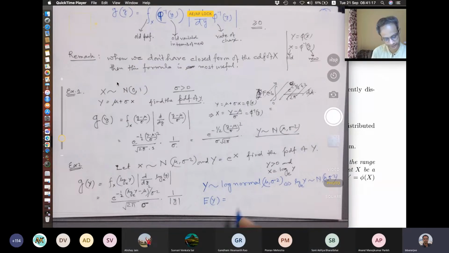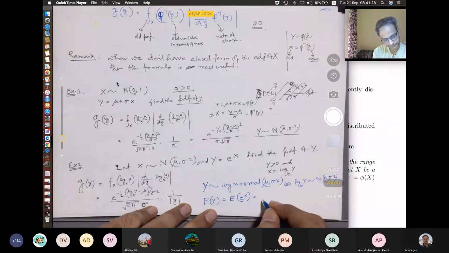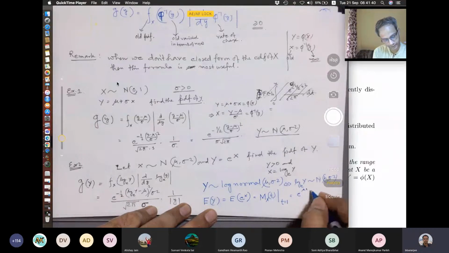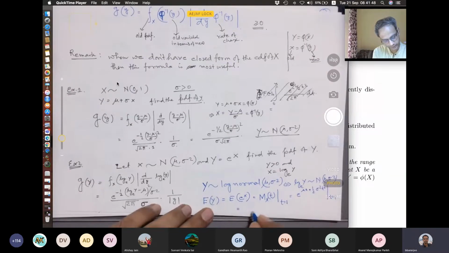So note that this is the expectation of e to the power x, which is eventually M_X(t) evaluated at t equals 1. So e to the power mu t plus half sigma square t square at t equals 1, so e to the power mu plus sigma square by 2.